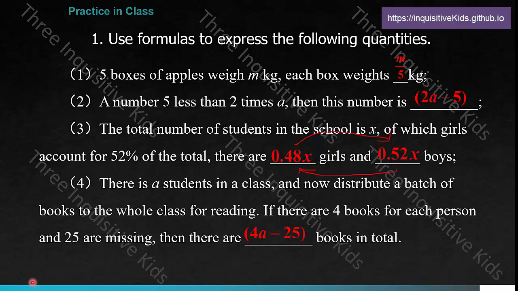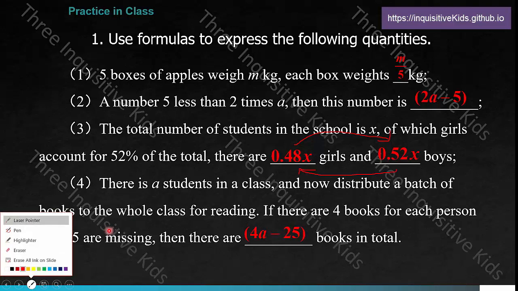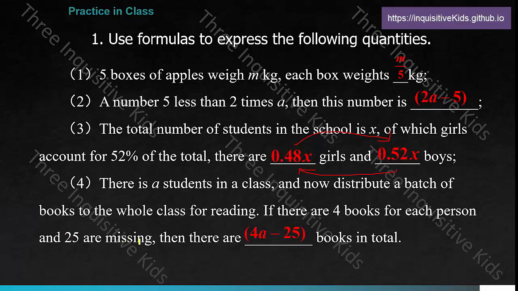Also, what we were trained to do in these problems was that you had to be aware of keywords. For example, there are words like each box weighs, or a number less than 2 times a, or the total number of students in the school is x, of which girls account for 52% of the total.